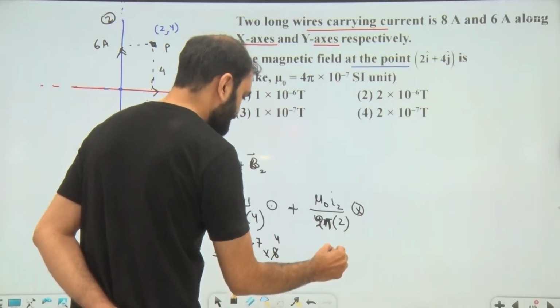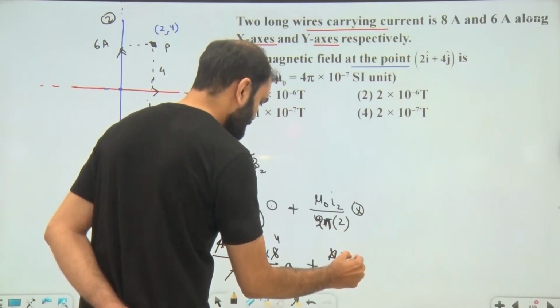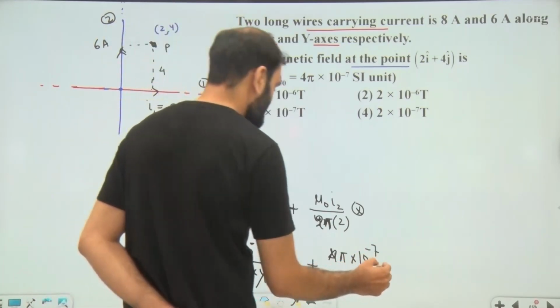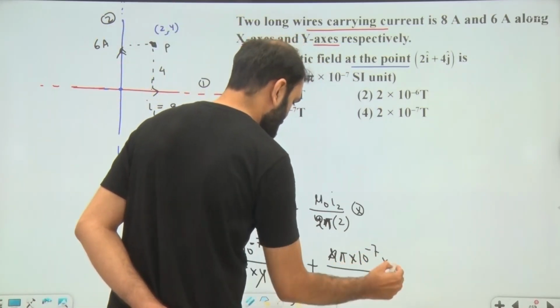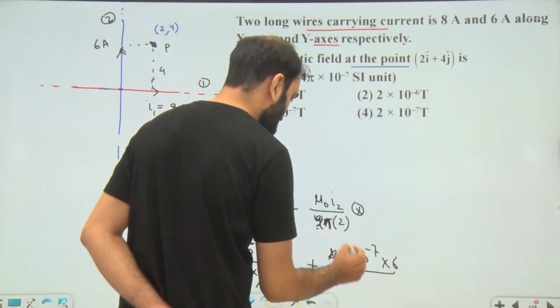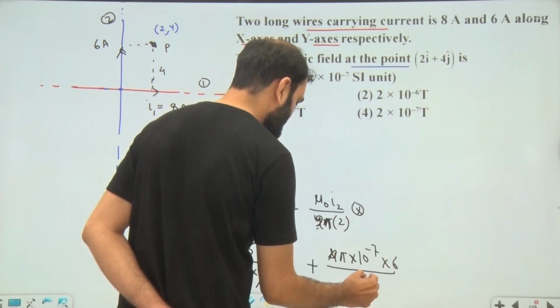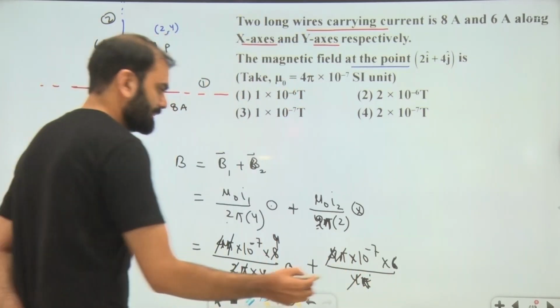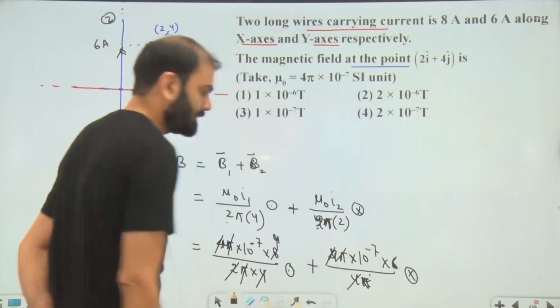Plus 4 pi into 10 raised to power minus 7, current I2 equal to 6, upon 2 into 2 pi; the 4 pi will cancel out. You can see this direction is into the plane.